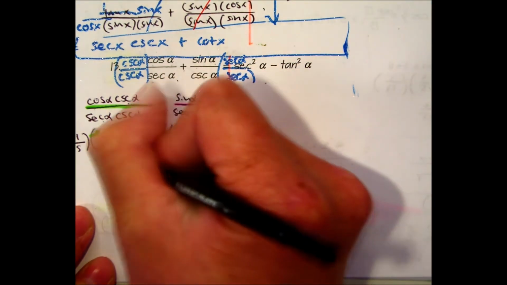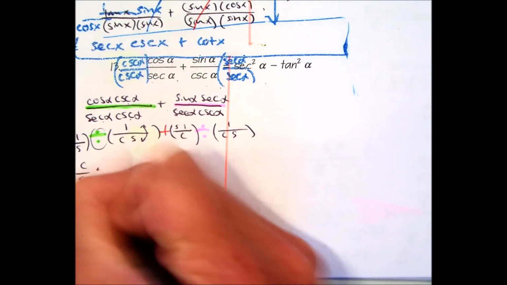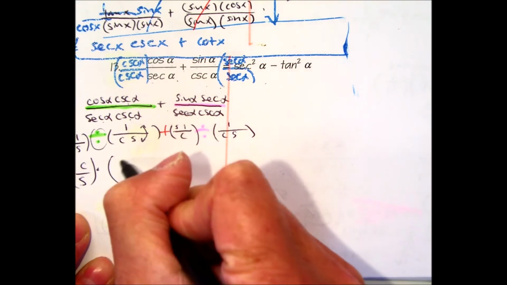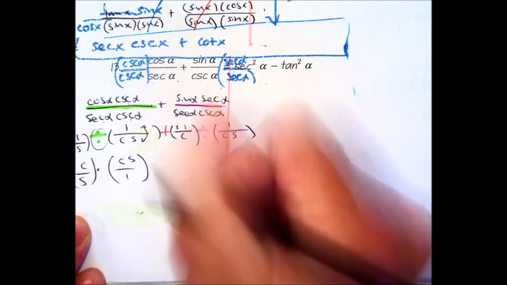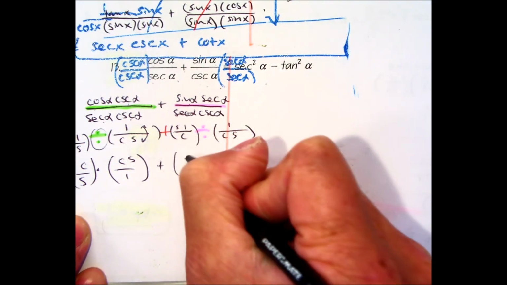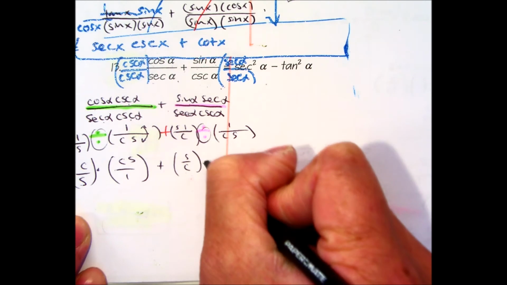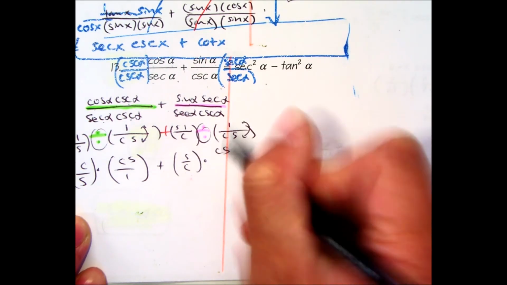Alright, so I'm going to change those to multiplication and then take the reciprocal. So here I have cosine over sine times cosine sine over 1 plus, same thing over here, I just have sine over cosine, change it to multiplication, and then I'm going to take the reciprocal, cosine over sine.